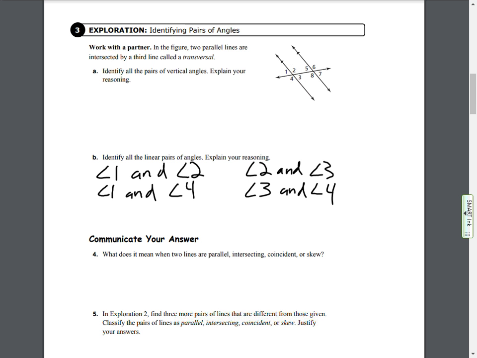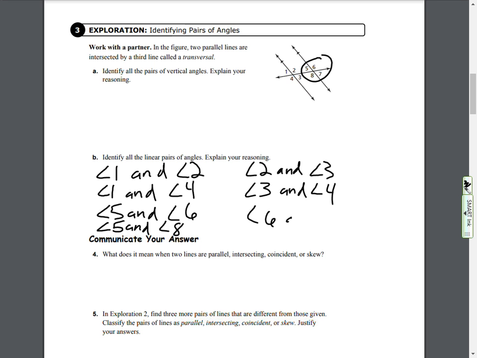So we have this group of 4 over here, right? So let's start with angle 5. Angle 5 and angle 6 are definitely a linear pair. Angle 5 and angle 8 are definitely a linear pair. Angle 6, oh, not 8, 6, angle 6.